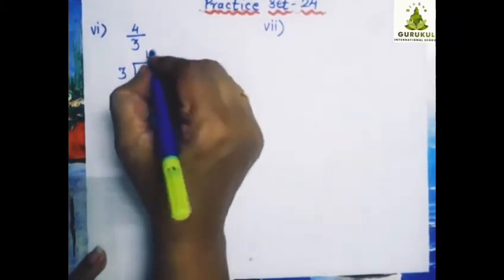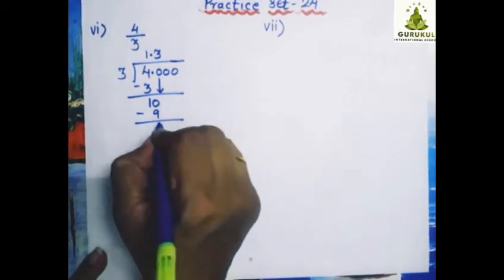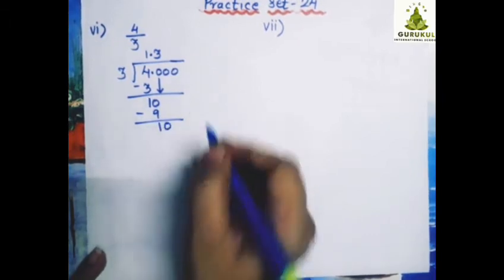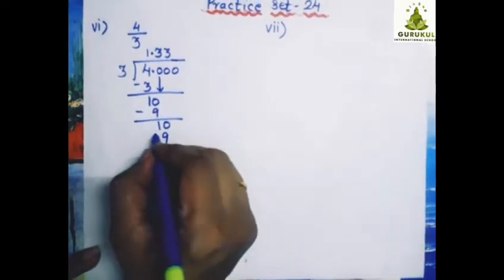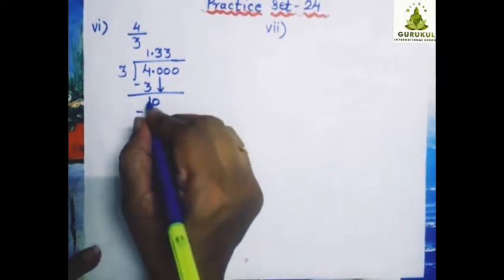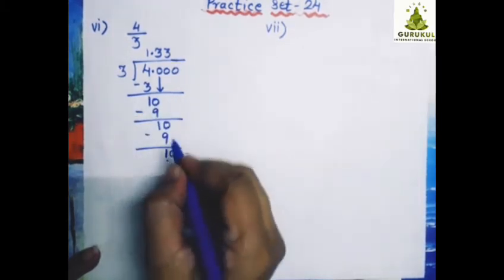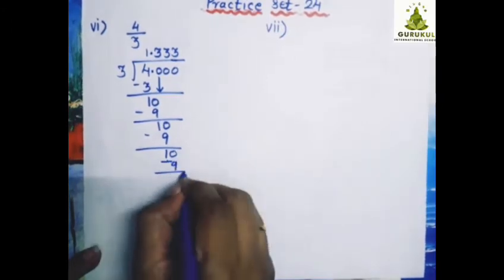So it will be 10. 3 3s are 9. 10 minus 9 will be 1. Take 0 again. Then again 3 3s are 9. Now you can see that every time the remainder will be 1, and every time the quotient will be 3.